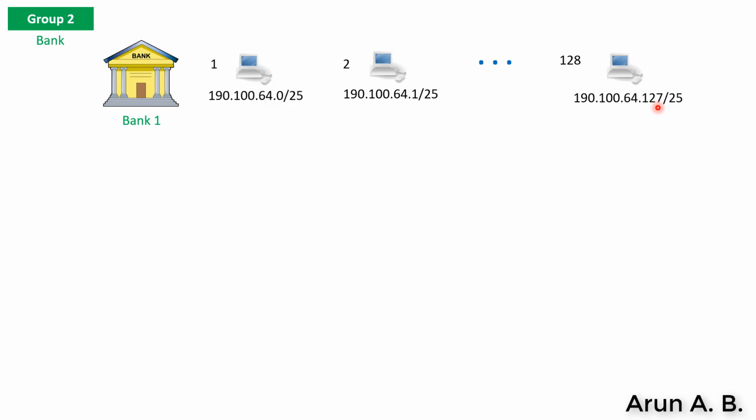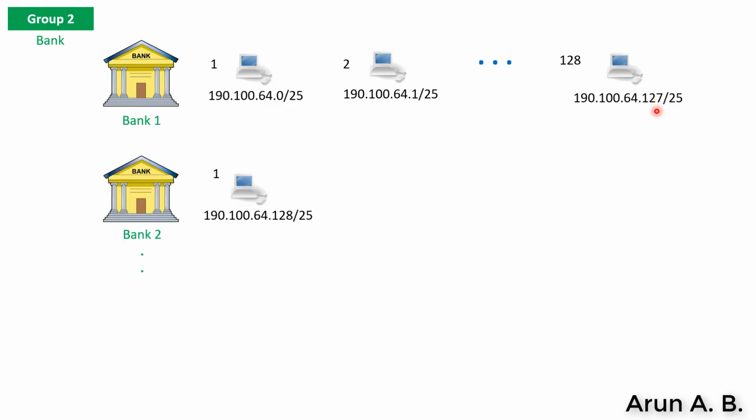64.128. So we can see the block 64 has assigned only values from 0 to 127. Still it has the values from 128 to 255. So that will be assigned to bank 2. In bank 2, the next value will be 64.128. Next value will be assigned as 64.129. Next value will be 64.130.